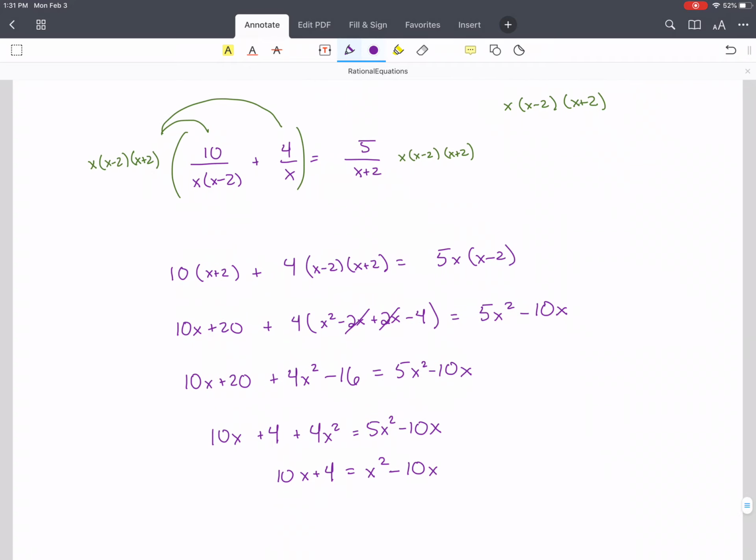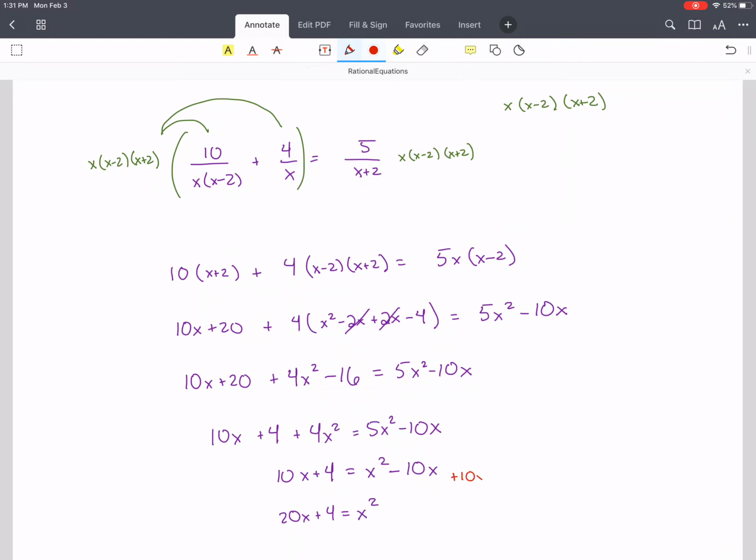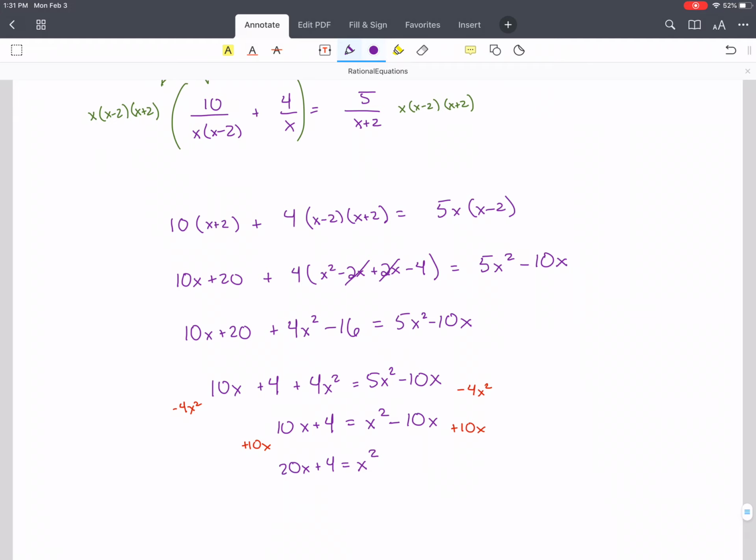If I add 10x to both sides, I'm left with just x squared on the right. There, I'm showing my work, so it's easier for someone who reads this later to see what happens.